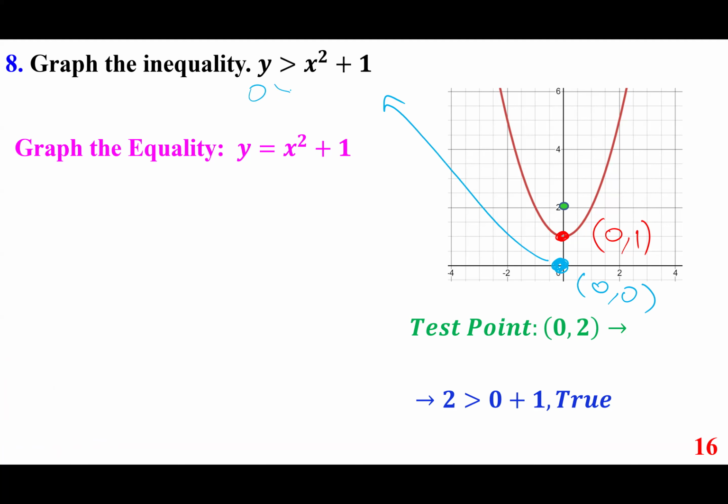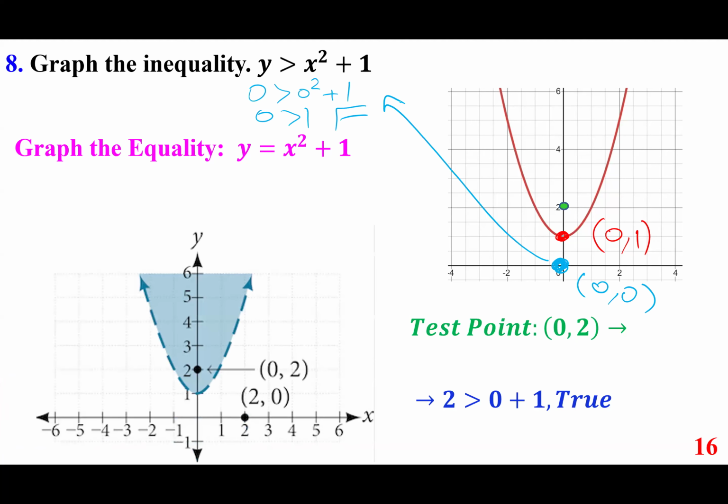So 0 is larger than 0 squared plus 1, 0 larger than 1. It's a false statement, and so that's not working. So you are going to make it look like that. Also, going back, this doesn't have an equality, so the parabola itself is not included and it's dashed.